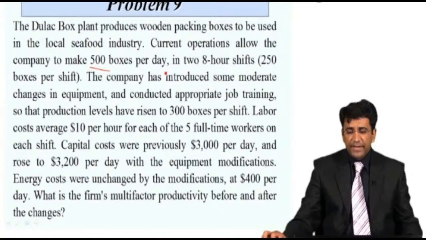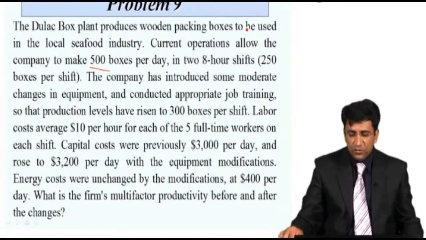Now it is given that 2 8-hour shifts are being worked, and 5 full-time workers are working on each shift. So how can we calculate the total working hours in this case?